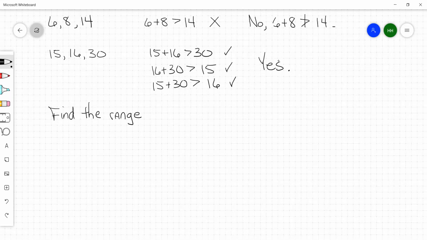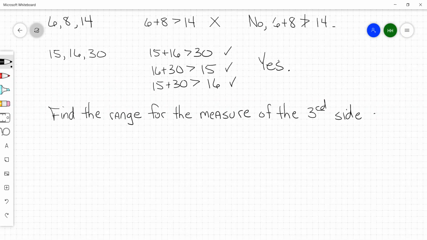Find the range for the measure of the third side of a triangle given the measure of two sides.